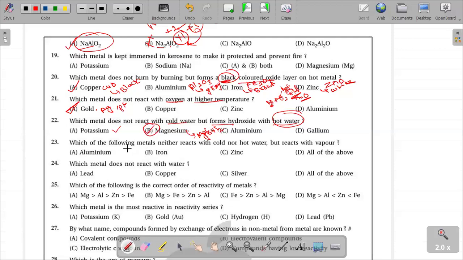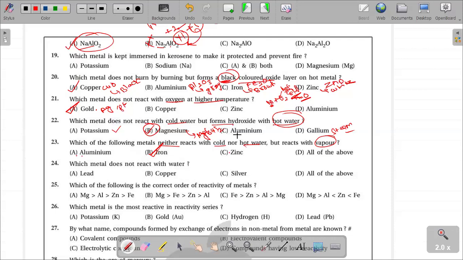Next, which of the following metals neither reacts with cold water or hot water, but will react with the steam? That means vapor. Only it will react with the steam. Then you have to select iron. Aluminum and zinc will react with the steam, but even hot water also it will react. Steam also will react.